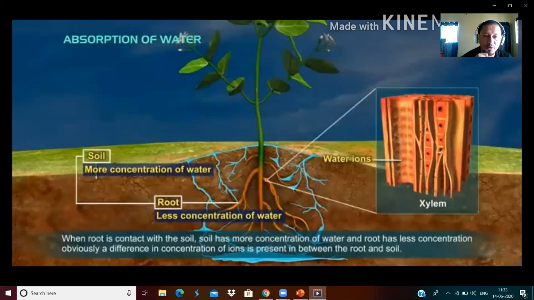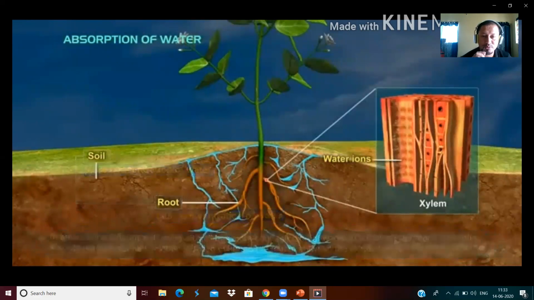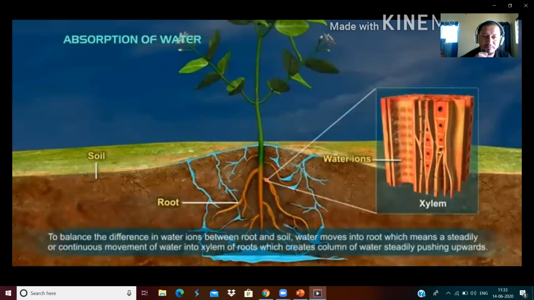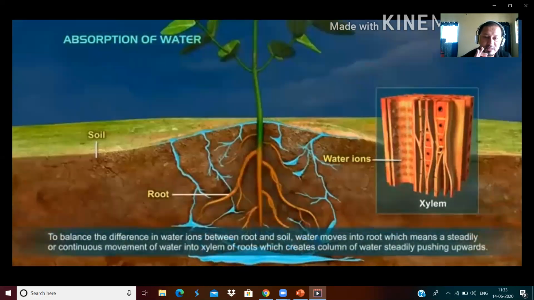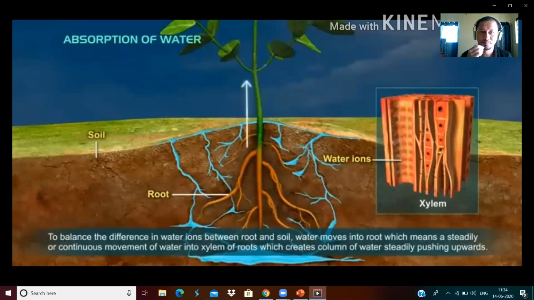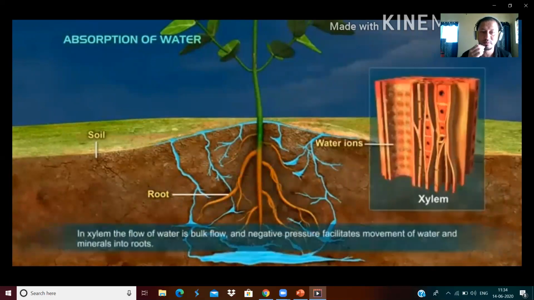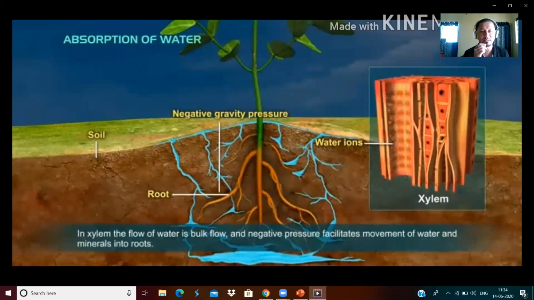That is why it moves from the higher concentration to the lower concentration. This difference creates a gradient, and because of this gradient, it pushes the water from the high concentration to the lower concentration. This is how the water will move, and this is done by the negative pressure created. That's why I've told you it is a negative gravity pressure. And water flows in bulk.